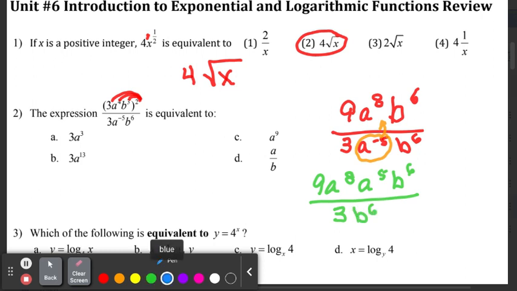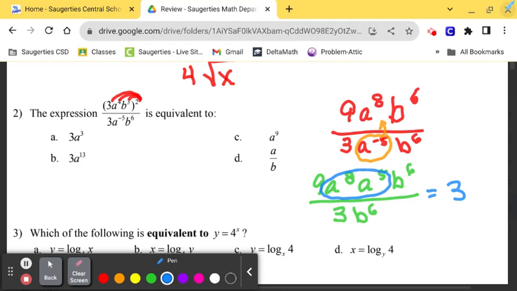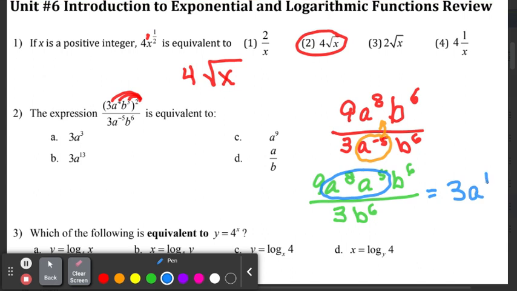So when we simplify this, 9 divided by 3 is 3. These a's are both in the numerator, so since you're technically multiplying, you're adding your exponents. So that's a to the 13, and then b to the 6's, those cancel out to a 1. So that's your answer, 3a to the 13.